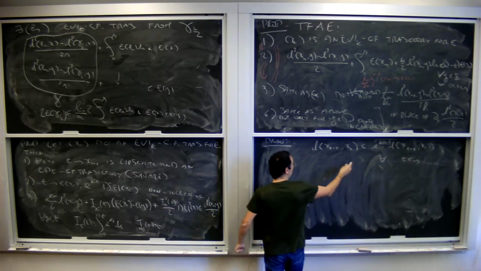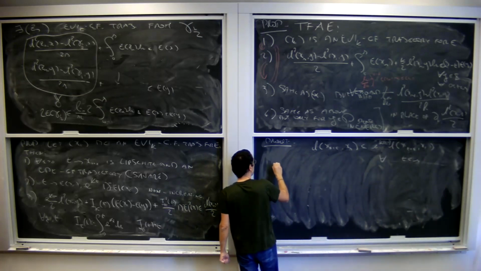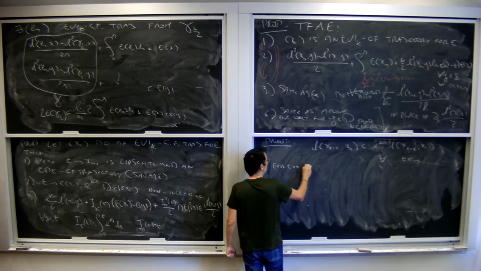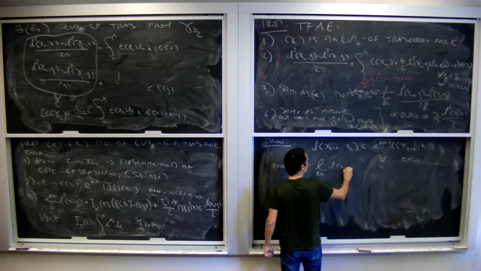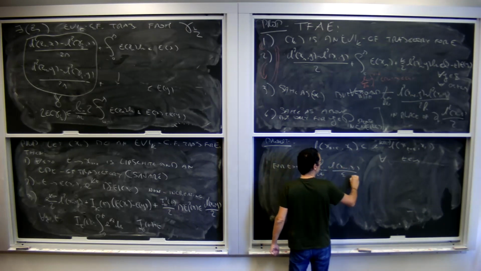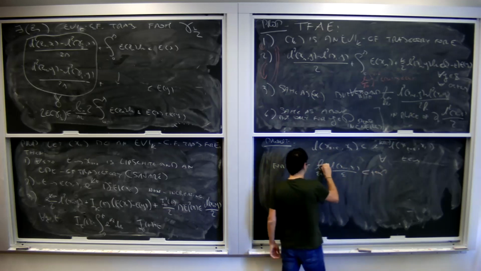So fix t such that the limit as epsilon goes to 0 of the distance between x_{t+epsilon} and x_t divided by epsilon is finite. If you want, fix this.